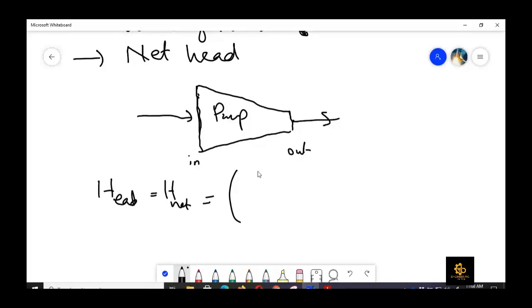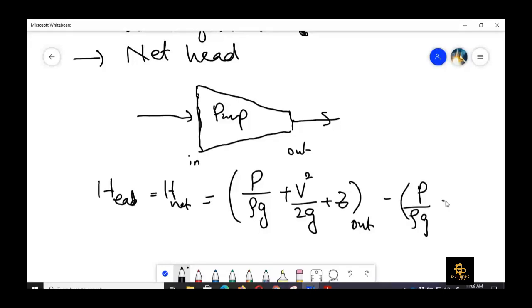At the outlet it would be P upon rho g, which is P upon gamma, plus V square upon 2g plus Z, minus P upon rho g plus V square upon 2g plus Z at inlet. Right. Usually the flow through the pump has the same velocity and elevation if we are talking about axial flow.